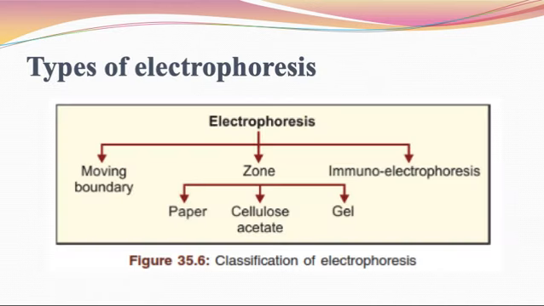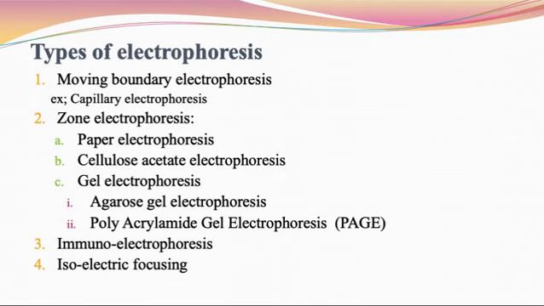Next, coming to the types of electrophoresis. Electrophoresis is classified into different types: moving boundary electrophoresis, zone electrophoresis, immunoelectrophoresis, and isoelectric focusing electrophoresis. Under moving boundary electrophoresis is capillary electrophoresis.